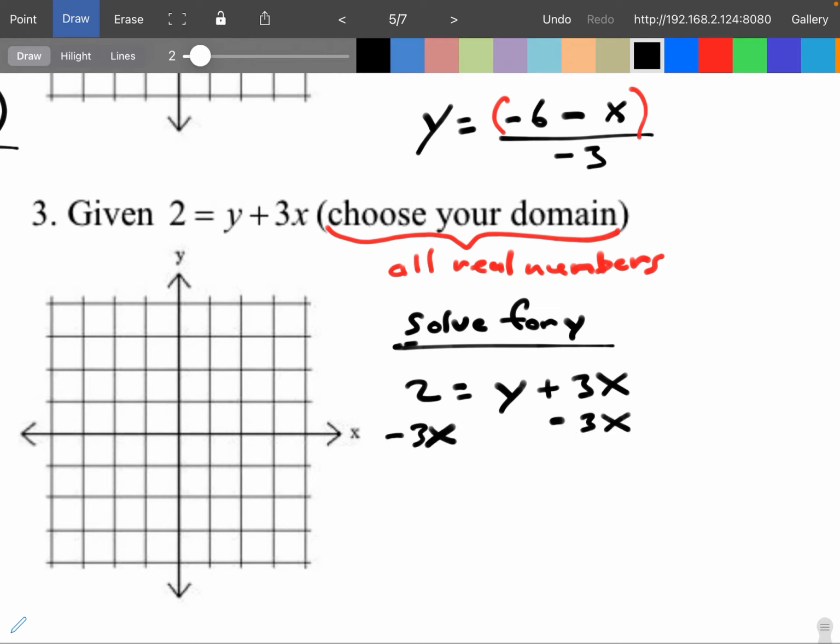So right now we've got 2 equals y plus 3x. We're trying to get this y all by itself right here. So how do we get rid of that plus 3x? Good. So we want to subtract 3x on both sides. Then these will cancel out on the right-hand side and make 0. So we get y equals 2 minus 3x.